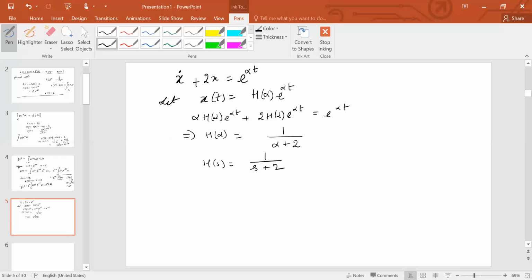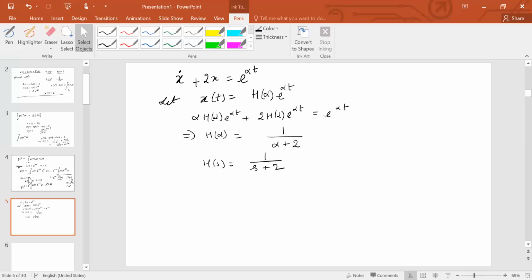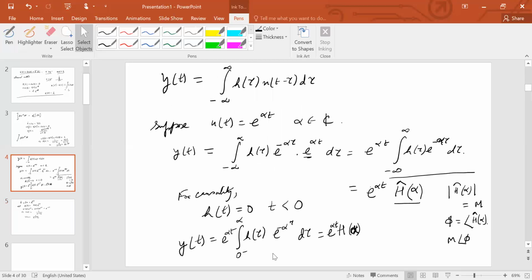If you want to find the transfer function of a system, you substitute the input to be an exponential and plug it in here. It's always easier to do that. For a given differential equation, you can bypass this process of carrying out an integration, and this makes life a lot easier.